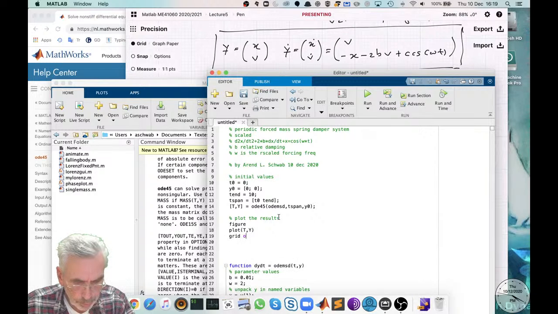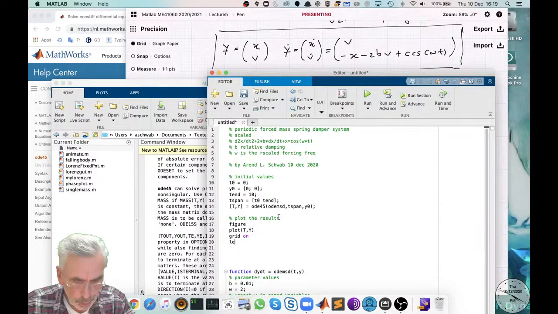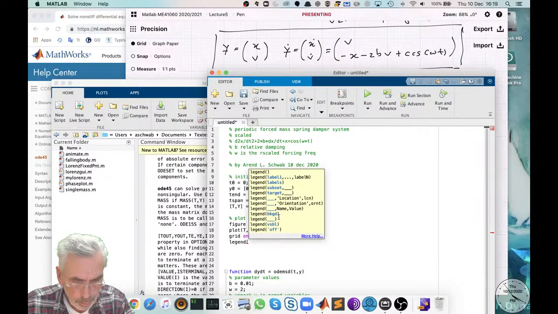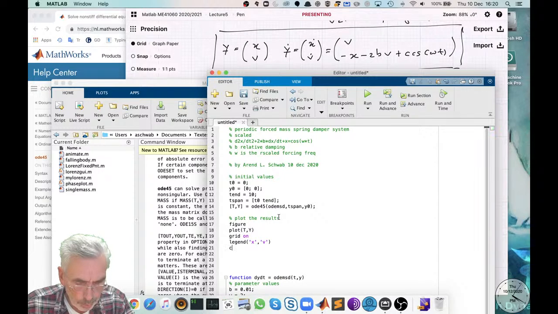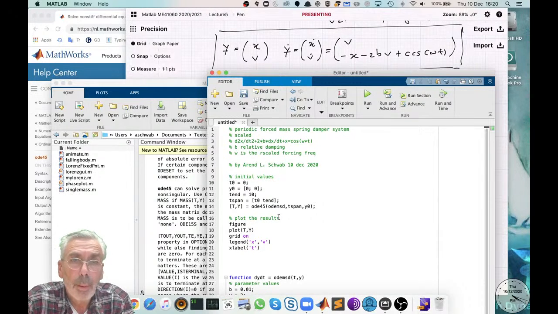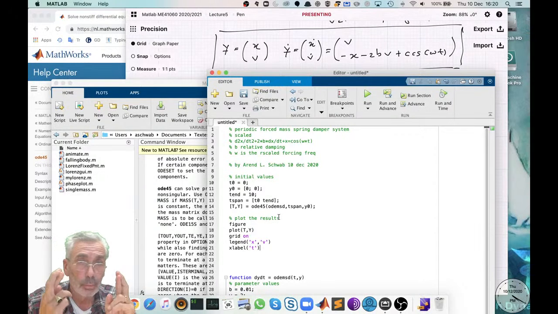Put the grid on, and the legend is label 1, x, that's a position, and label 2, and that's a speed. And the x label is time, scaled time. Okay, well that should work. Fingers crossed.